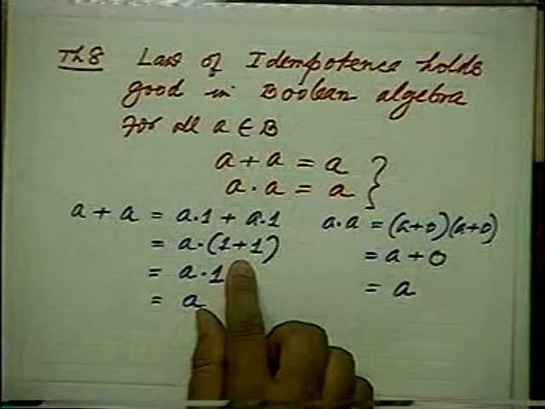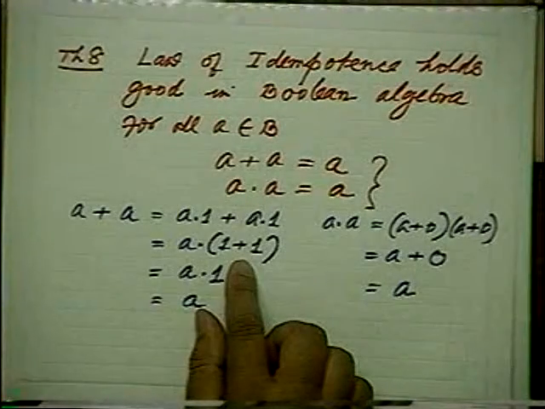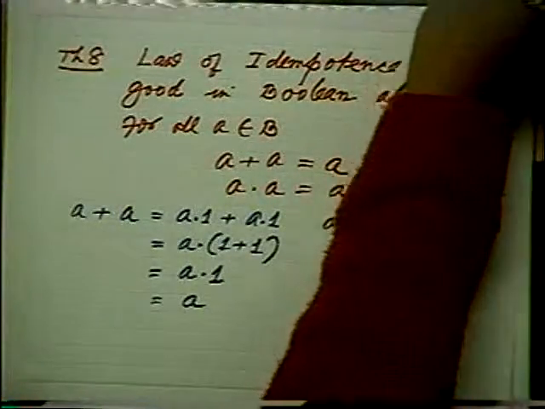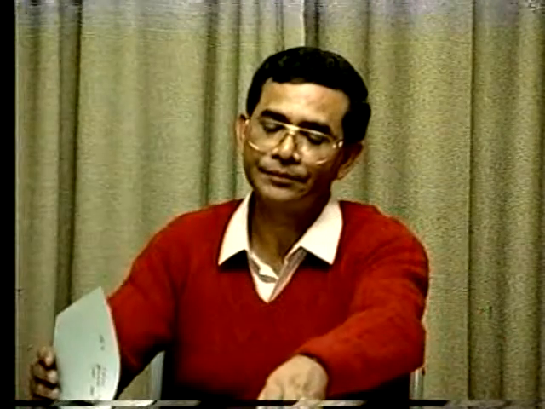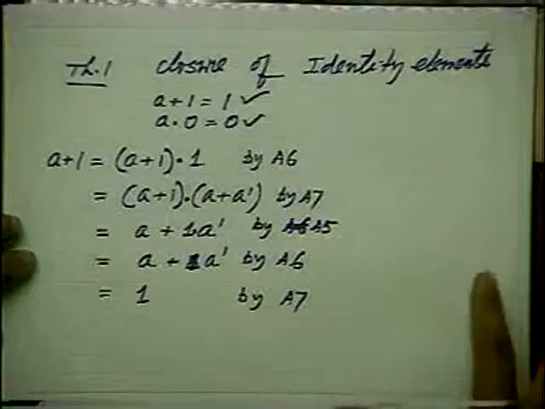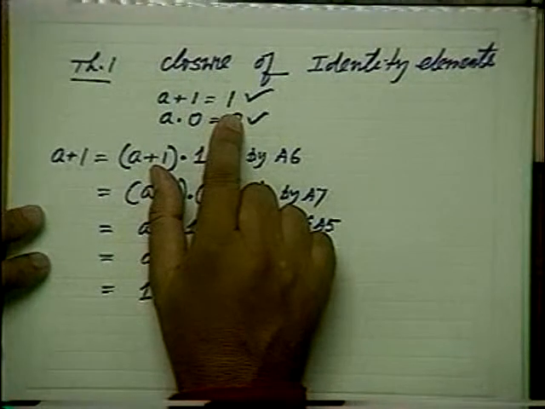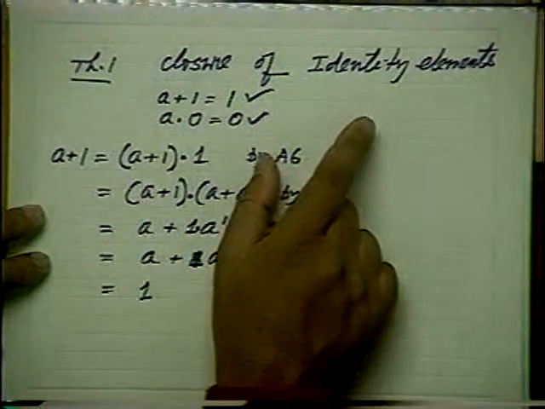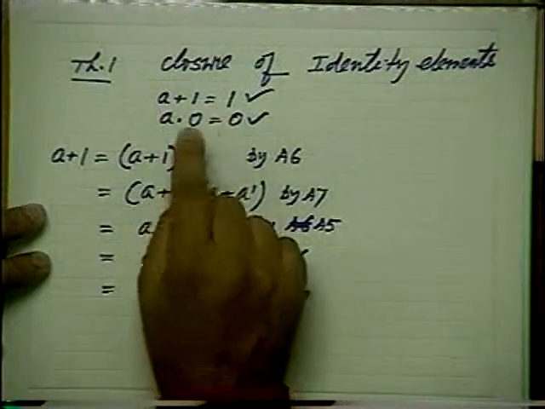But that is basically the idempotence law, that 1 plus 1 is equal to 1, that is A plus A equal to A. At the same time, I get this from, for example, the law of identity, because 1 and 0 are the elements of B. We have already proved that A plus 1 equal to 1, where A is an element, for all A contained in B. My identity elements 1 and 0 are contained in B, therefore 1 plus 1 equal to 1.